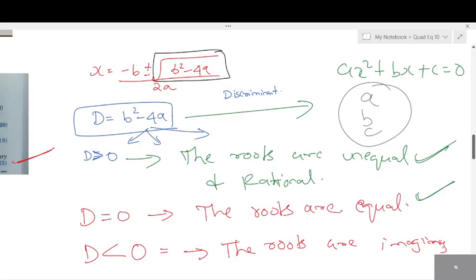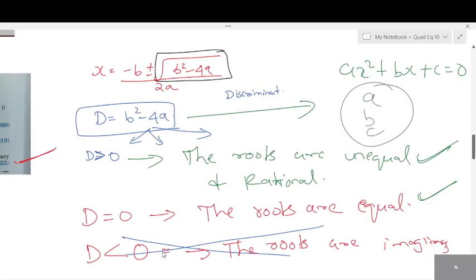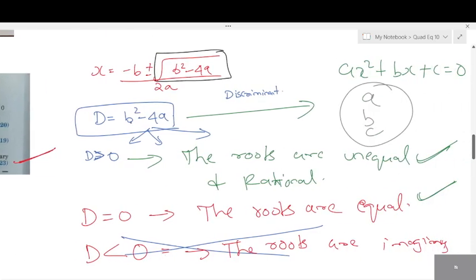Unequal, equal. If D is less than 0, imaginary. We mostly don't use this. The first two are important. Okay. Don't write it. Just understand this formula. You take what D is. Whatever is given inside the bracket, student, b square minus 4ac. You have to solve that.